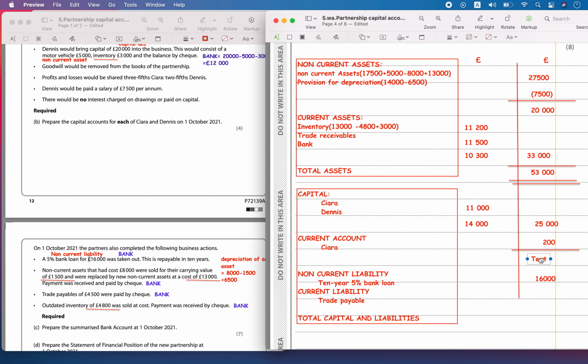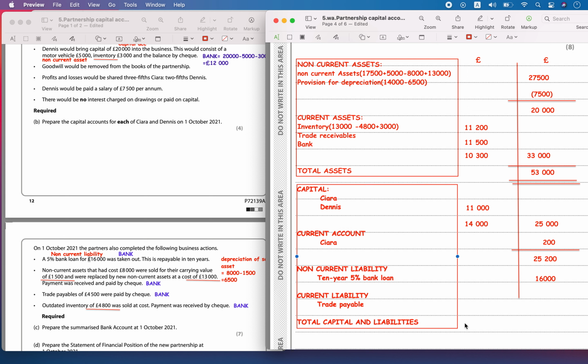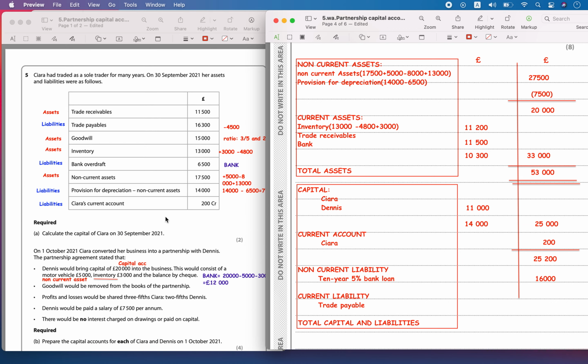So we had to add the capital and the current account. It is 25,200. Then the non-current liability was 16,000 because of the loan they had taken, and the current liability was trade payables, which included 16,300.